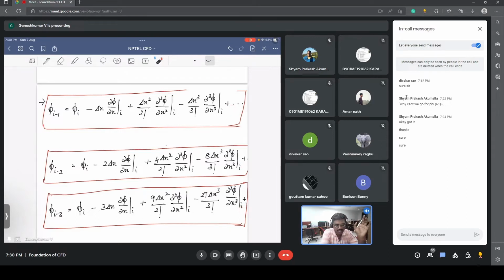We are not interested in all those derivatives, or we can say they carry very little weightage relative to the main value we are finding. The order of the truncation term is also called the order of the scheme. If the truncation term is in the order of delta x, then it's a first order scheme again. If the truncation term is in the order of delta x square, then it's a second order scheme.